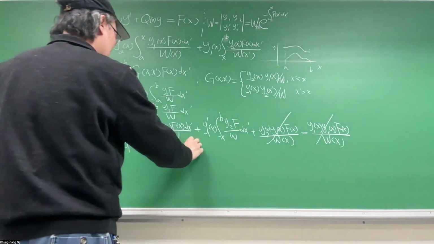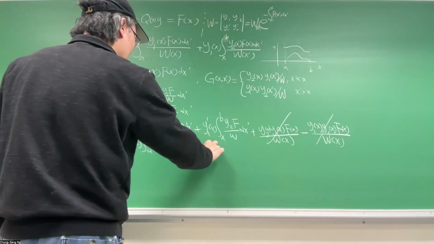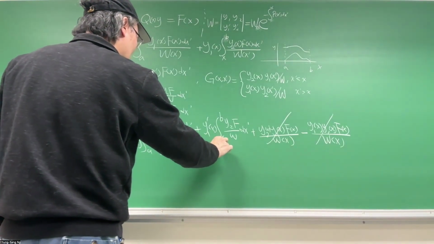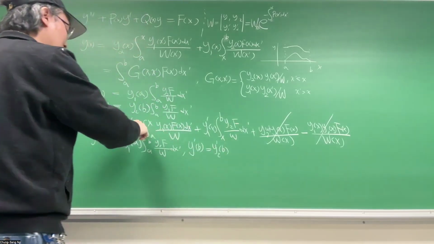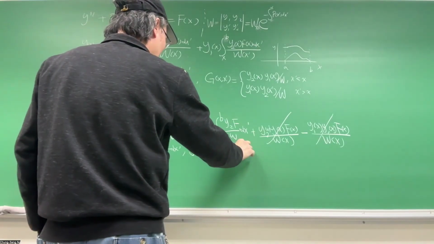And likewise, y prime at b, y2 prime at b, because you keep just this term, and a to b, y1.